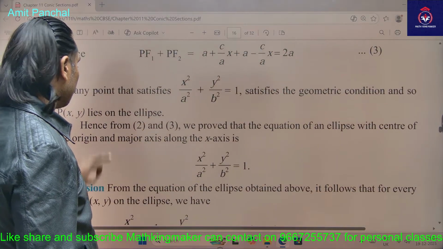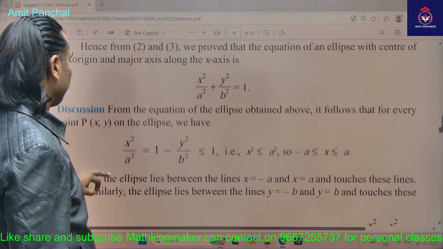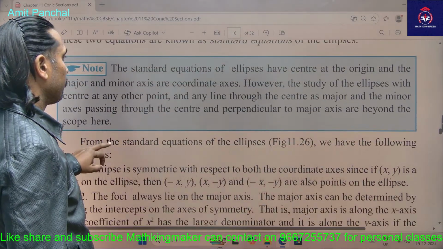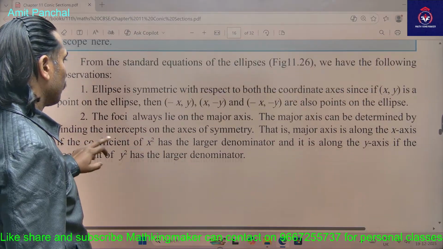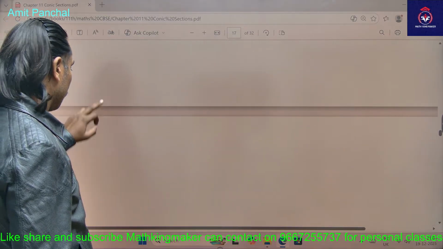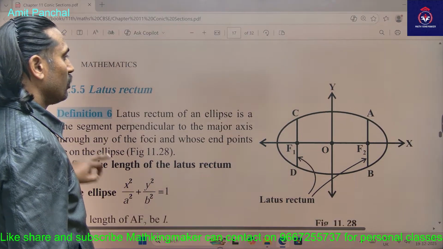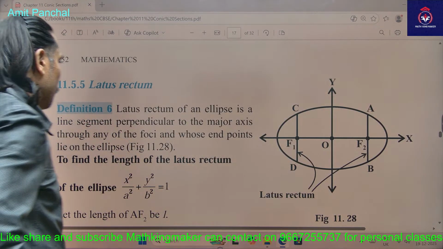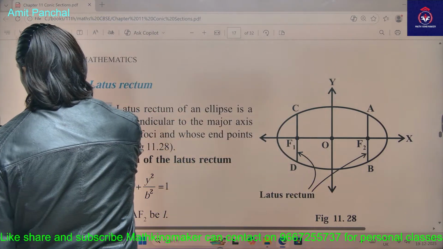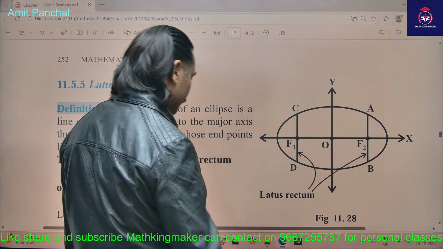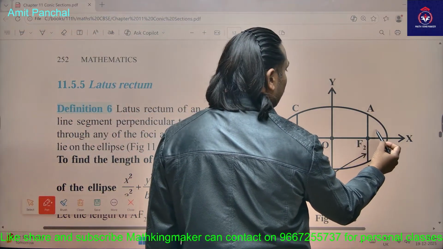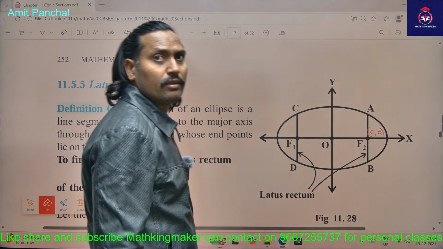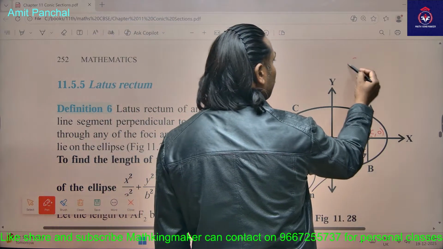Now we'll try some questions. Okay, now we'll talk about latus rectum. Here the coordinates of the foci will be C, 0.